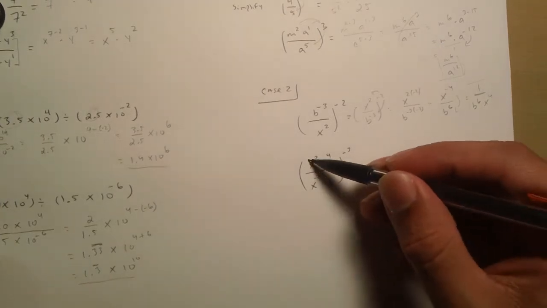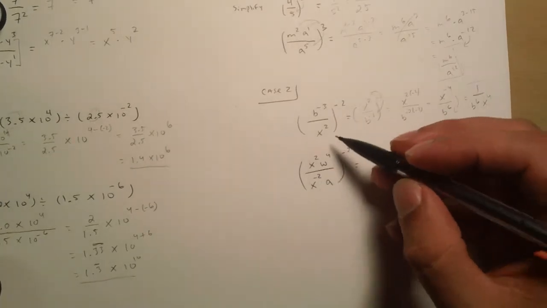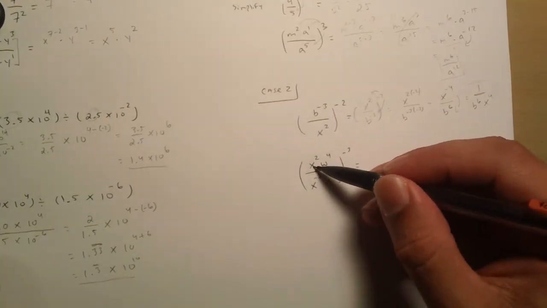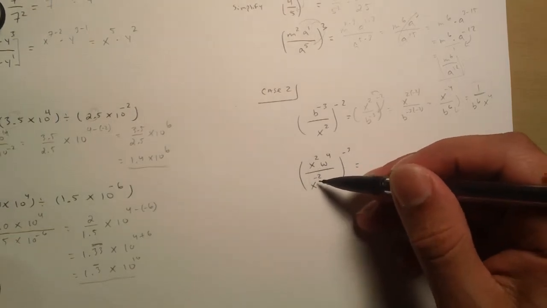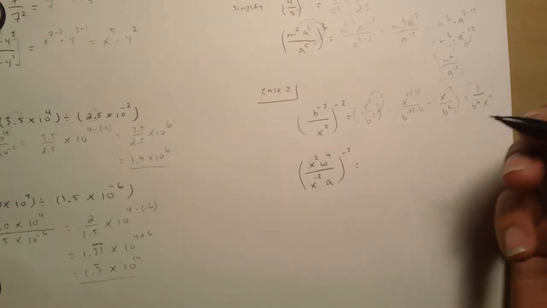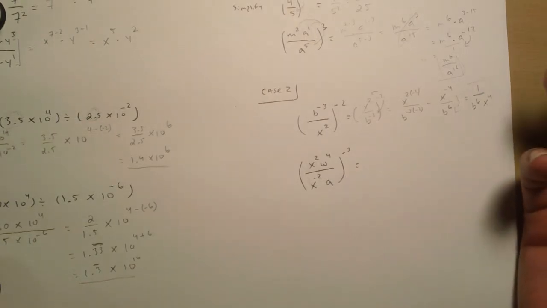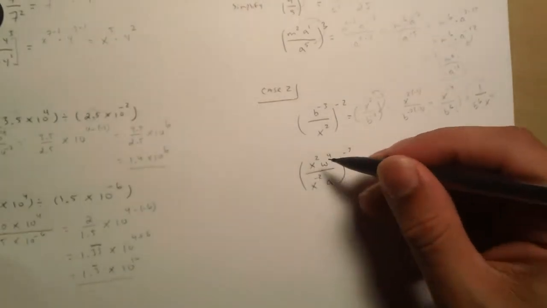You can apply the quotient rule inside the base, and you can already tell that it will be x to the 2 minus negative 2, which will result in x to the positive 4, and it will be on top in the numerator.